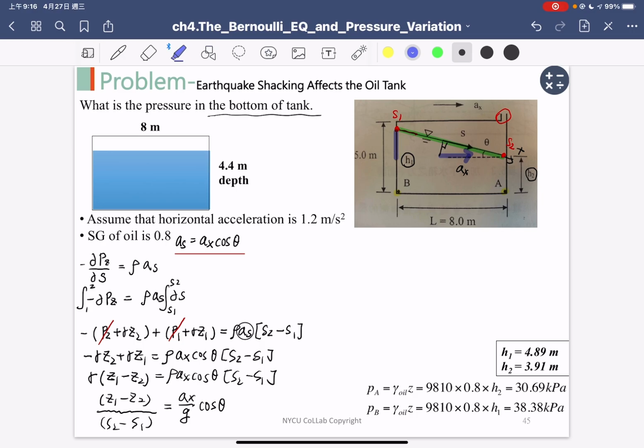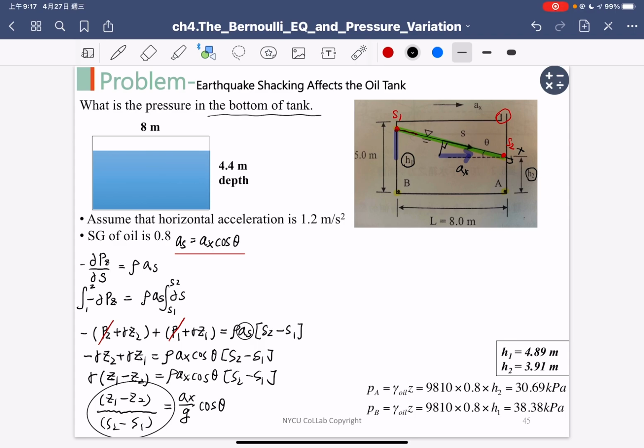And where is S2 minus S1? Again, we have the straight line along the liquid surface. So you know that D1 minus D2 divided by S2 minus S1 is the sine theta, right? So this item is the sine theta.